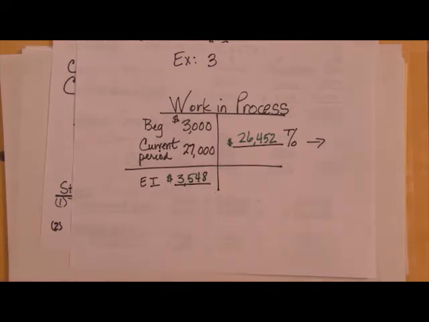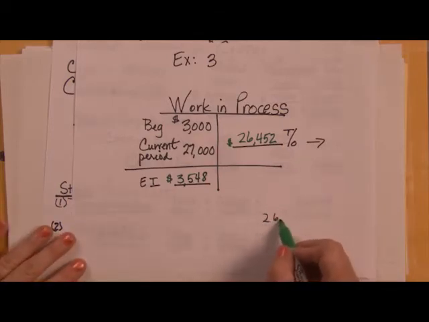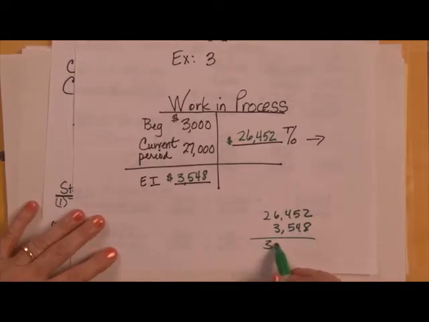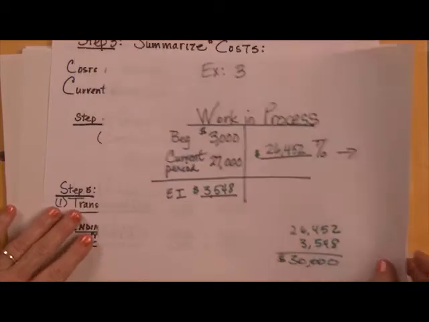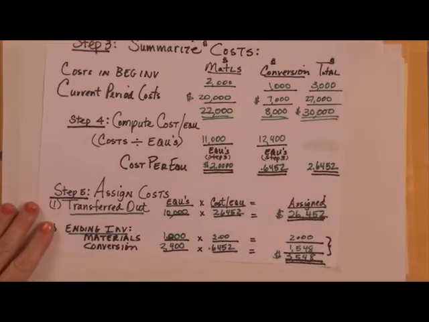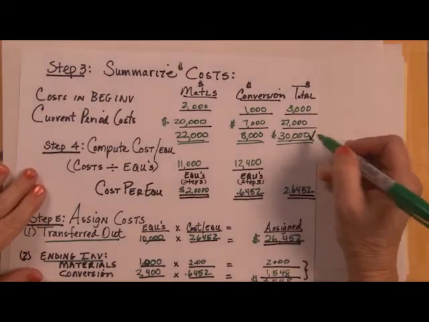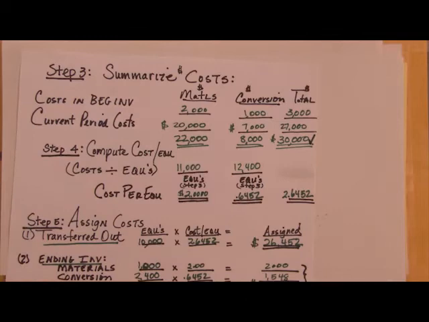Now, when you work a problem like this, you can always go back and check, because we have assigned 26,452. We've assigned 3,548. This adds back to $30,000. We should look at the prior step, particularly step 3, and we had $30,000 there to be assigned, and $30,000 was assigned.